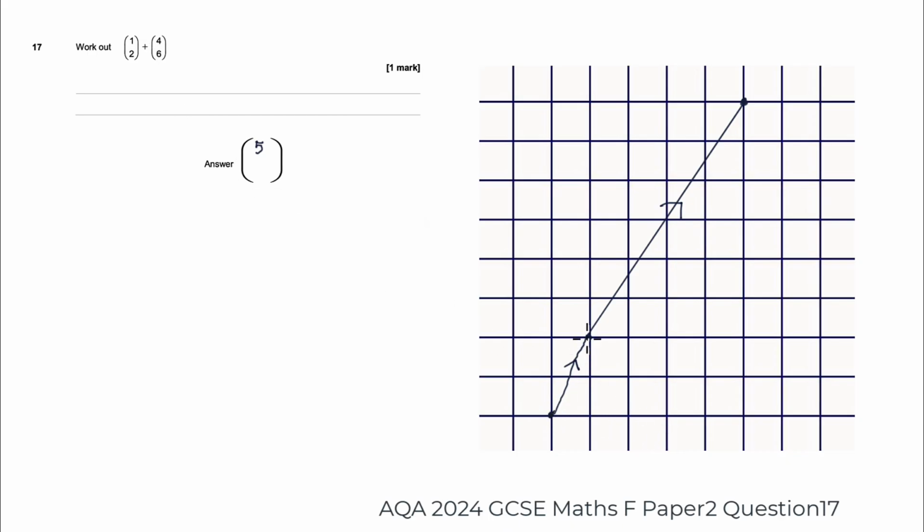Going from there to there, you've gone up 2, followed by up another 6. So altogether, to get from there to the end point, you've gone up 8. So we're going along 5, followed by 8 up. So you're basically just adding the two x components, adding the two y components to get our answer.